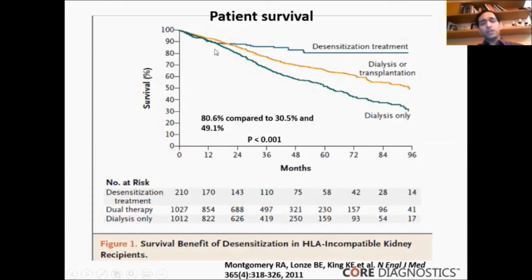Compared to that, if they stay on dialysis, which is the green line, their survival is only 30%. If they continued on dialysis but had the option of getting a transplant, and some of them got transplanted as well, the survival is about 49%. So if you desensitize patients and get them to a transplant, even with the risks that we'll talk about down the road in the next few slides, their survival is better.